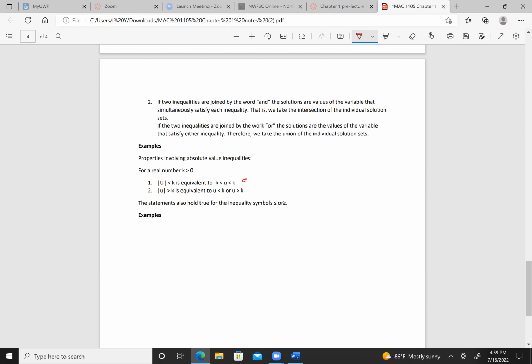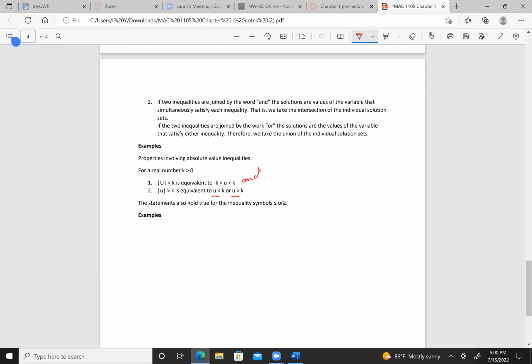So this would be an and. And that's why the previous problem was less than. Because if it's a greater than, you have to solve it as an or separately. And of course, these hold for all the other inequality symbols. So let's look at some examples of this.